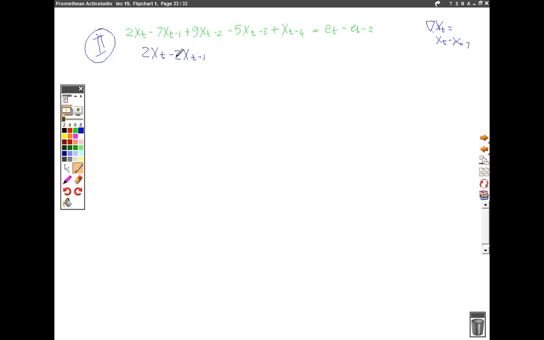So let us see what I can do. I have 2x_t here, and for me to take common x_{t-1}, the 2 will just come out. So I took out minus 2x_{t-1} here and then I'm left with minus 5x_{t-1}, right? So this would still sum up to minus 7x_{t-1}. Now because I have minus 5x_{t-1}, if I want to take a nabla here, I will have minus 5 as common.